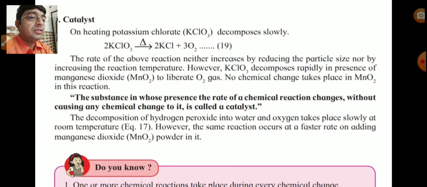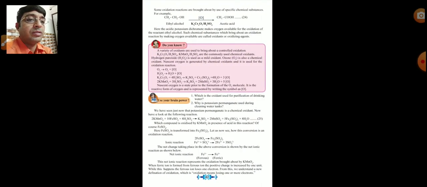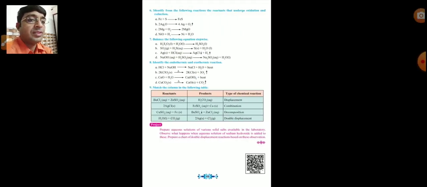However, the same reaction occurs at a faster rate on adding manganese dioxide, MnO2 powder, because this chemical substance acts as a catalyst in this reaction. So how many factors affect the rate of a chemical reaction? Total 5 factors.